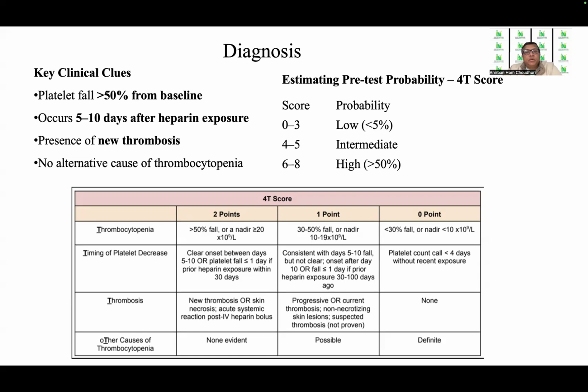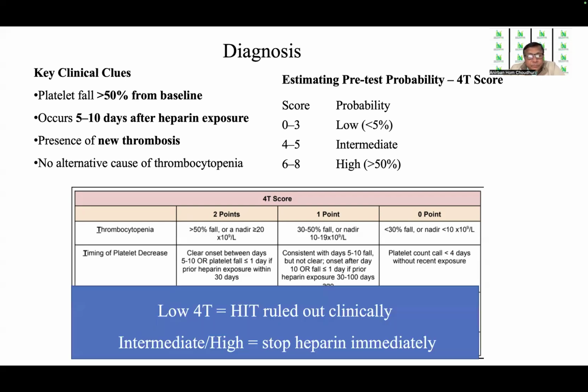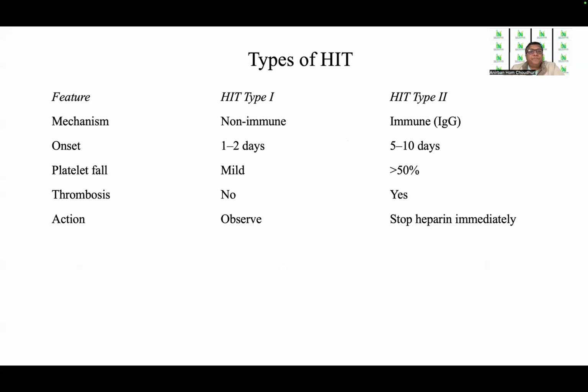If it is 4 or 5, it is intermediate, and if it is 6 to 8, then the probability is very high, more than 50%. So if the score is low, then HIT is ruled out clinically. If it is intermediate or high, then we have to stop heparin immediately.